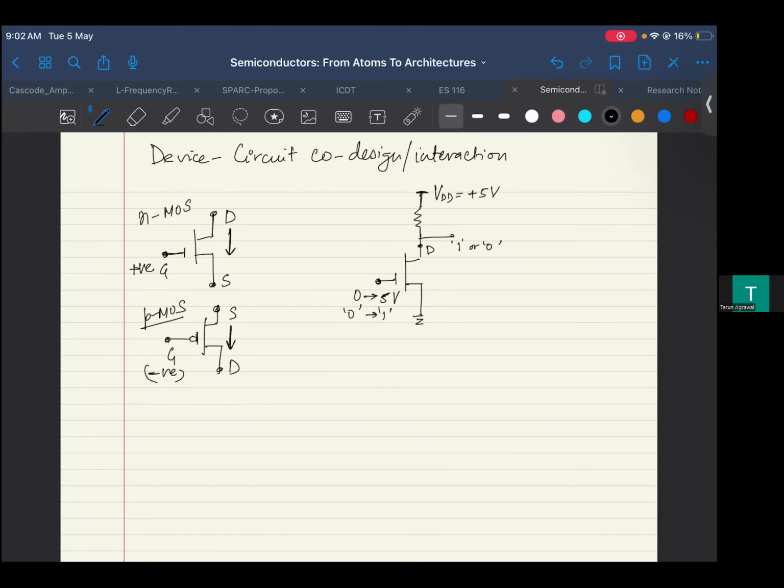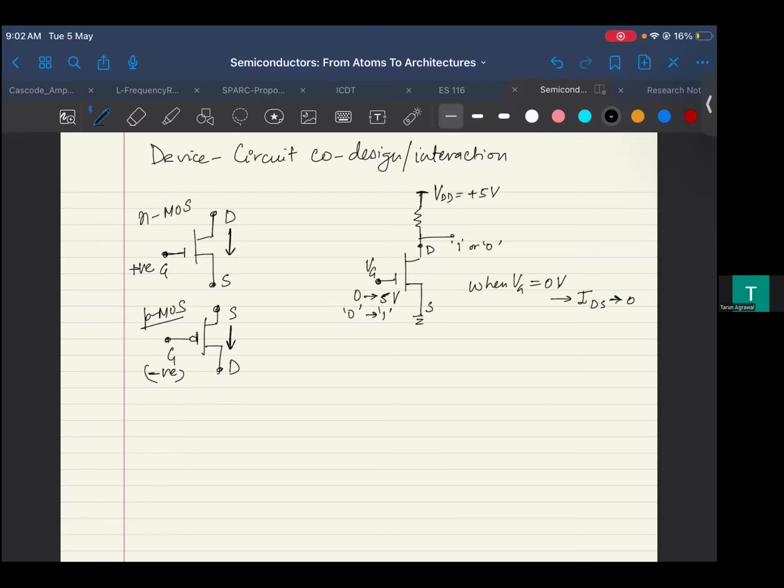So when VG is 0, the transistor has no conduction, which means the current flowing from drain to source is going to be very close to 0. It is not 0, it is close to 0.